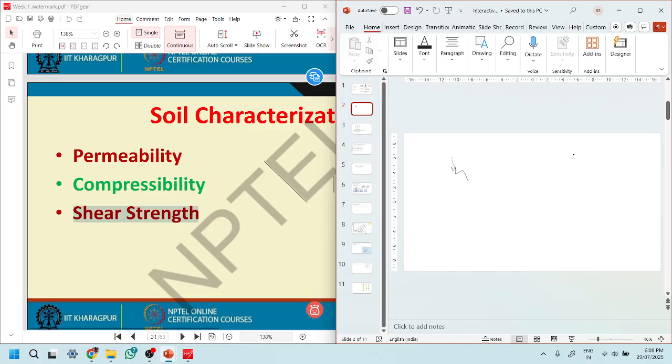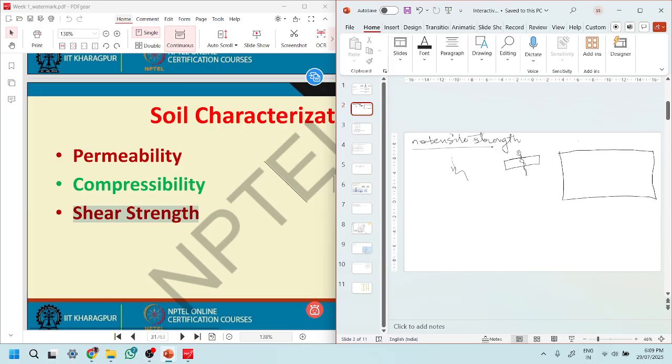Shear strength, if you try to visualize it, if you have a soil matrix, soil has no tensile strength. You can think about it this way. I don't think there is any kind of soil which you can pull on both ends and it will not very easily break, unless it's a rock or a very hardened clay.